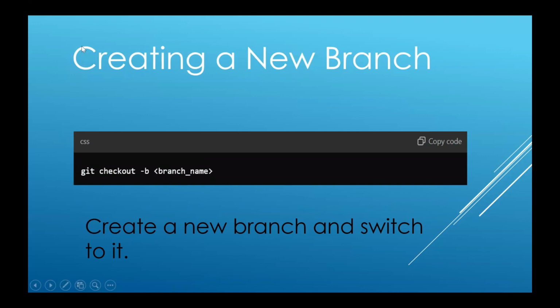So to make your changes, you will have to create a new branch, that is your feature branch. To create the new branch, you can run this command: git checkout -b and your branch name. This will create the branch and check out that branch as well, and you can make changes in that branch. Create a new branch and switch to it.